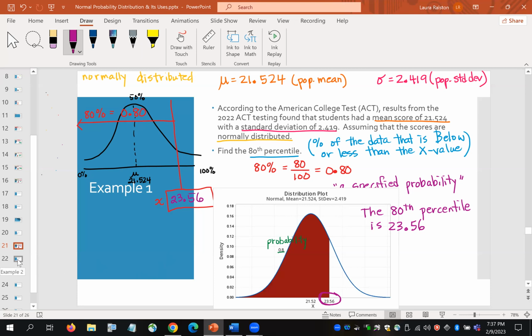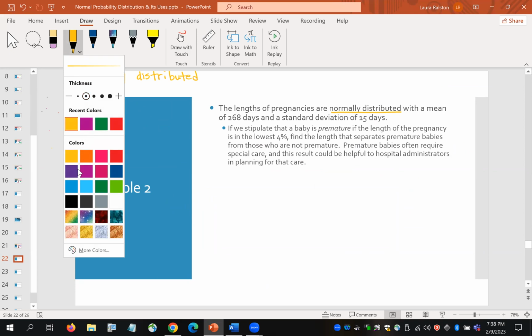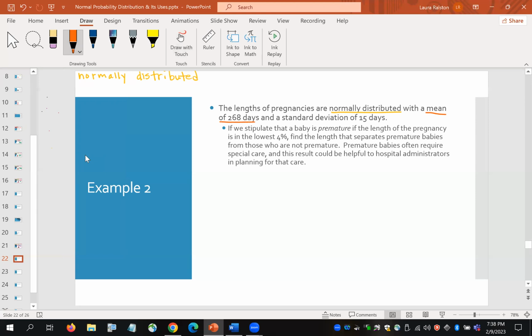Okay, I want to look at a couple of other examples of this type, and I'm going to change examples. I've run out of examples with the ACT, so we're going to change examples. This problem says the lengths of pregnancies are normally distributed. I'm going to make notes as we go. It tells me that my distribution is normally distributed with a mean of 268 days.